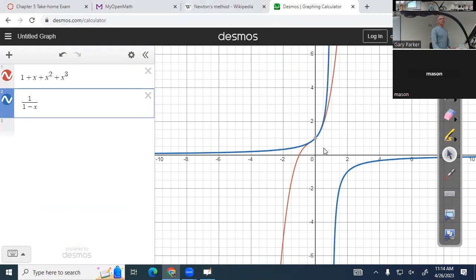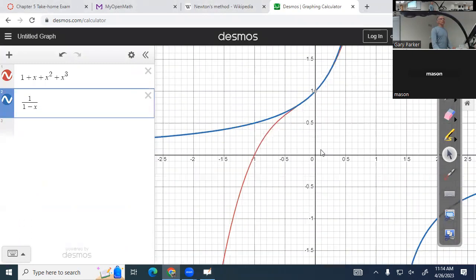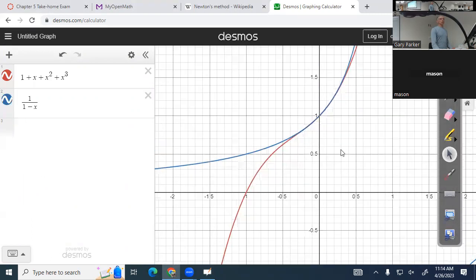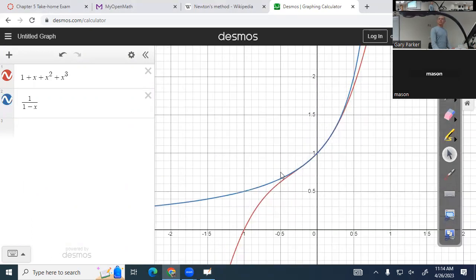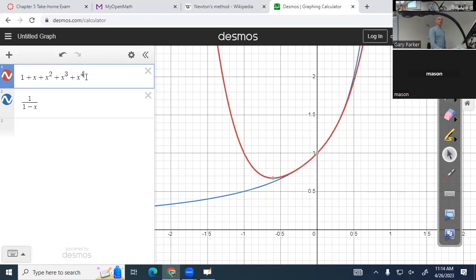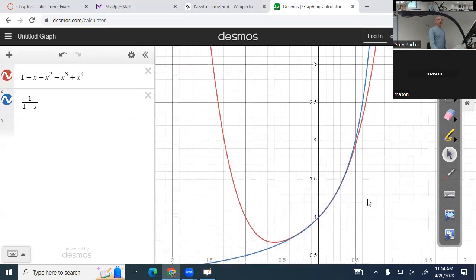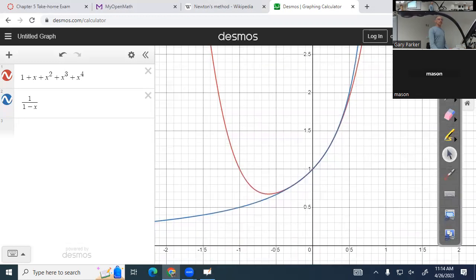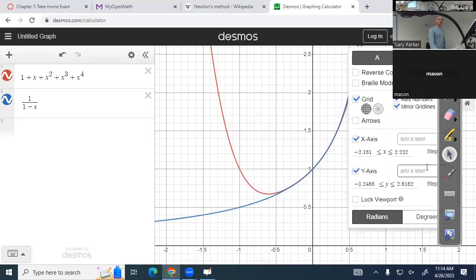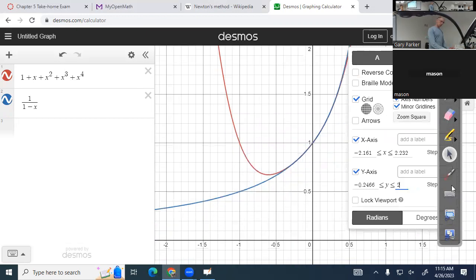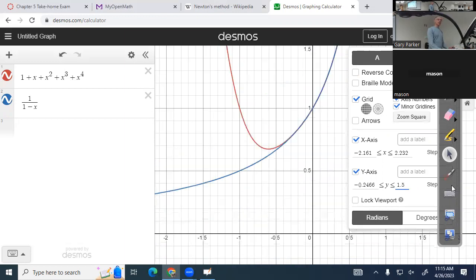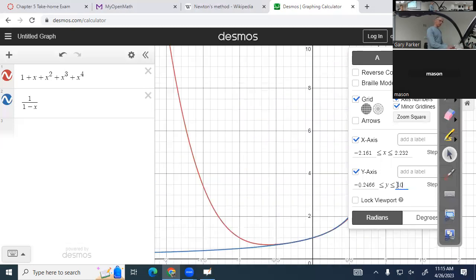What we can see here is if we zoom in between -1 and 1, they're pretty tight. How would I get them tighter? I would just add more terms. Throw a plus x raised to the 4th on here. And they stay tight longer. Let's adjust my screen a little bit. Let's go with y up to, say, 10.